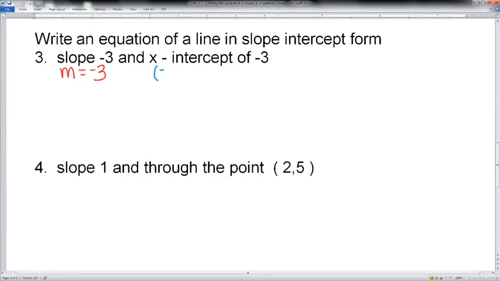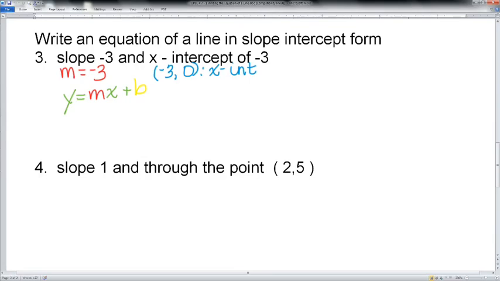So we're going to write -3, comma, 0. That's our x-intercept. And then, let's go ahead and start with our y equals mx plus b. So we have y is equal to our m, x plus our b.